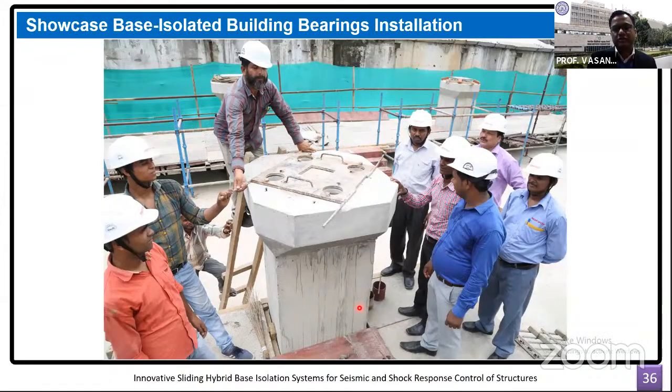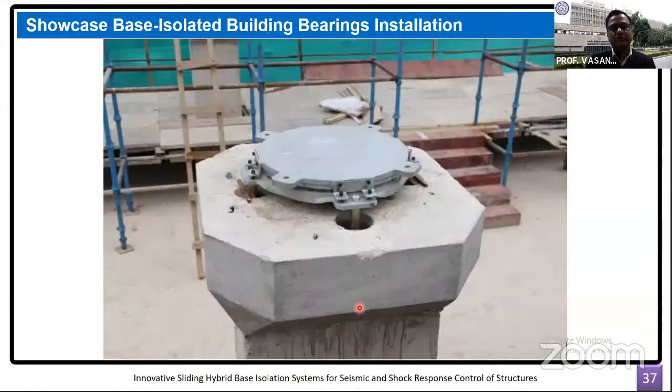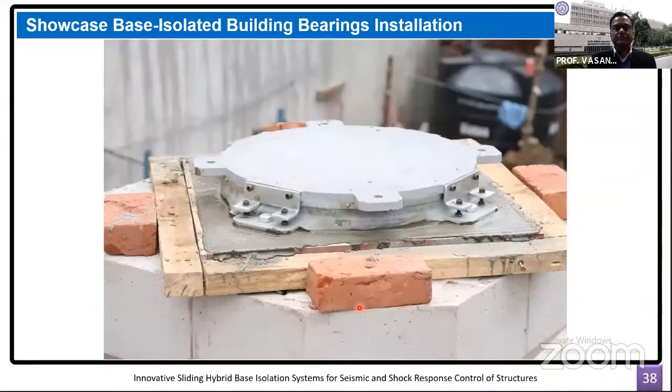So in order to ensure that the installation of the isolation system is properly aligned, such kind of templates were prepared, and after the templates were prepared, the isolation system was inserted, again by making use of the total station to make sure that their alignment is perfect.